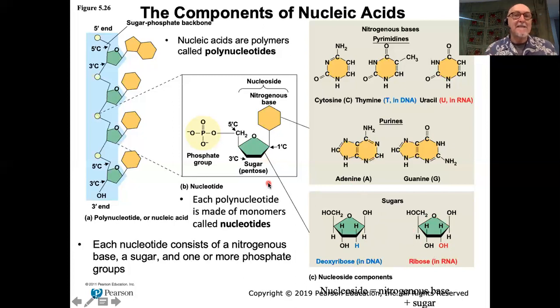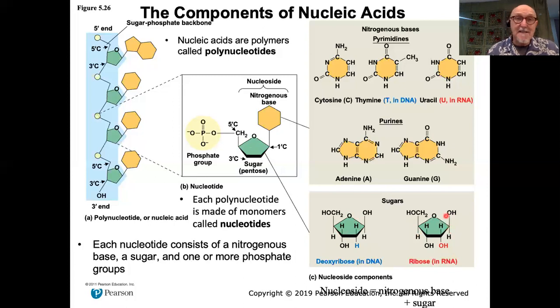DNA is deoxyribonucleic acid, and DNA uses the deoxyribose sugar as the skeleton for the nucleotide. So we can tell, and the cell can tell immediately, what the difference is between the 2.